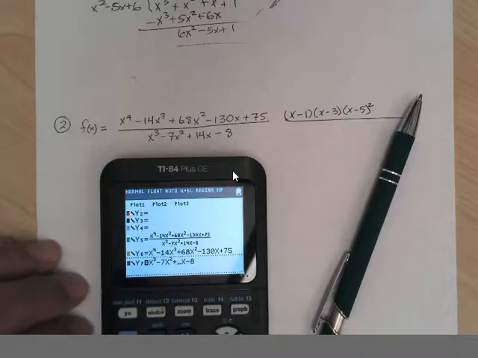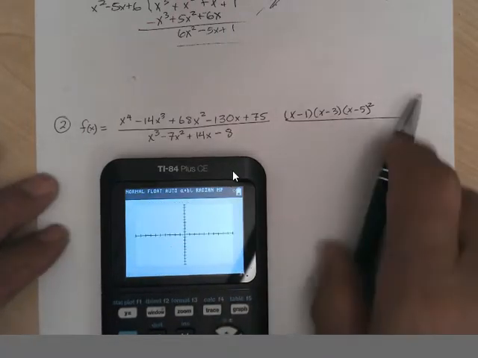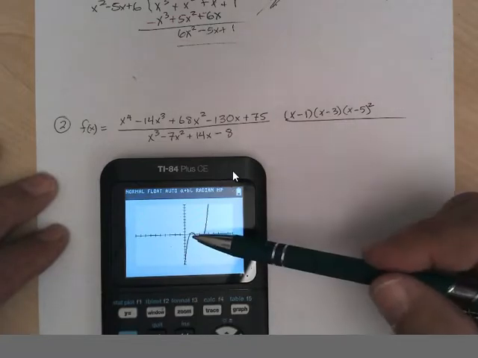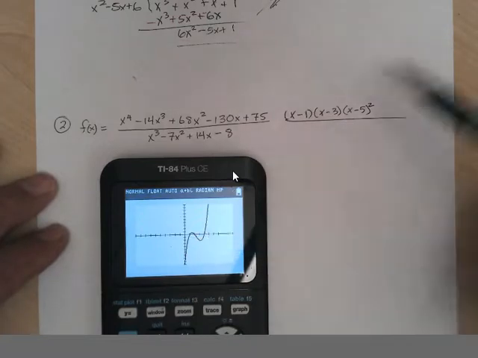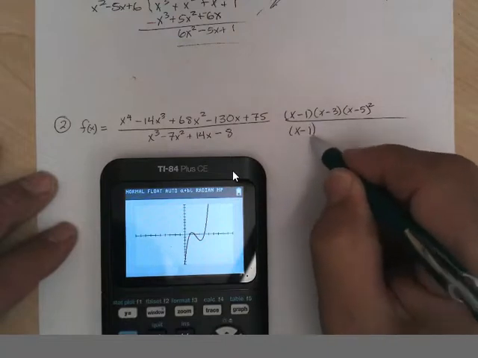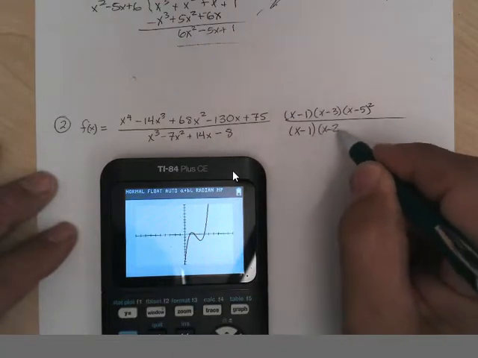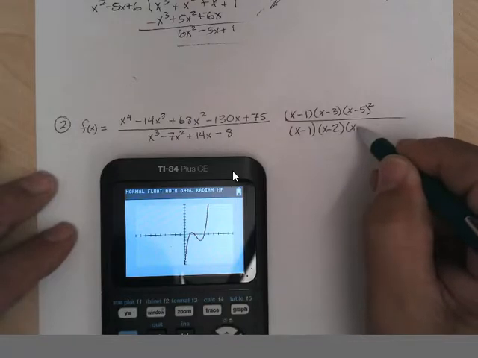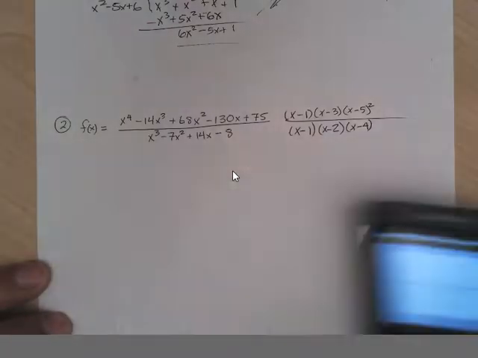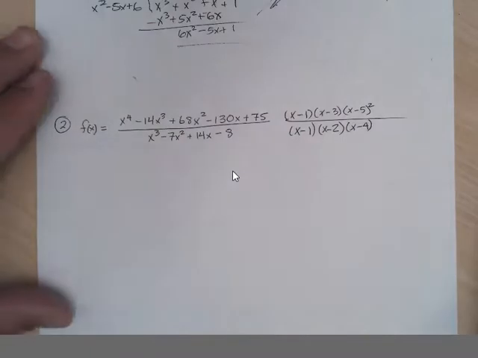Second, insert a 1. Okay, now let's graph it. So it goes through 1, 2, and 4. So the factors must be x minus 1, x minus 2, and x minus 4. Okay? So there it's factored.